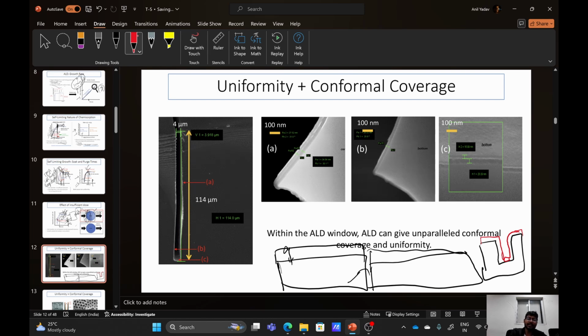So if there is a trench, that material, like Al2O3, zinc oxide or SiO2, will be deposited completely over the trench. It is highly conformal and uniform as well. For that you just need to optimize your process with the dose time and the pulse time. That's it.